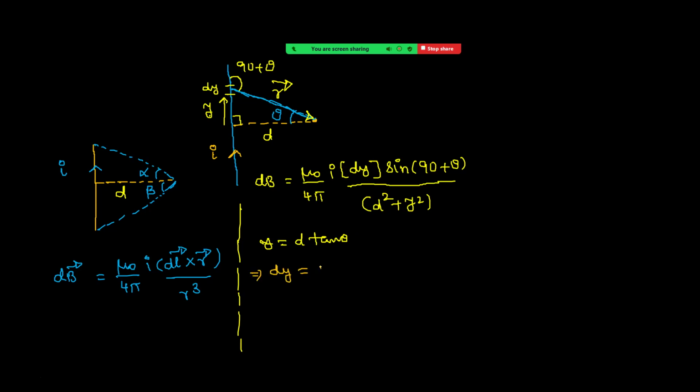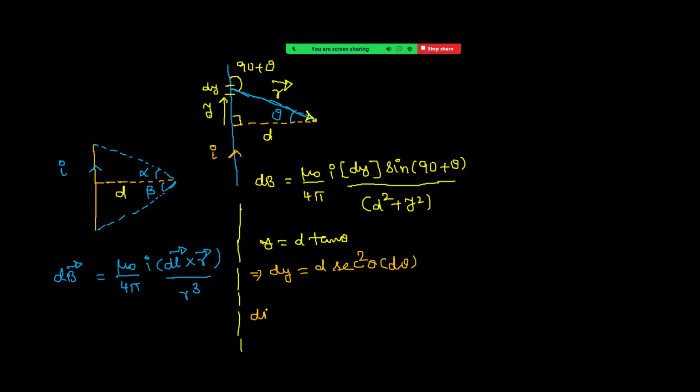dy equals d into derivative of tan, secant square theta d theta. Next, here in the place of y, d tan theta. So I can take d square outside, d square, remaining is 1 plus tan square theta. It is secant square theta.